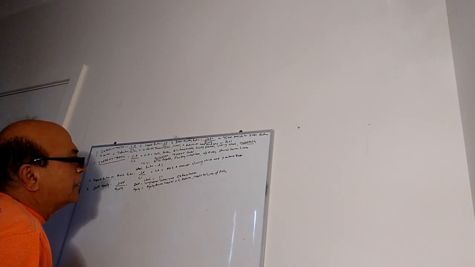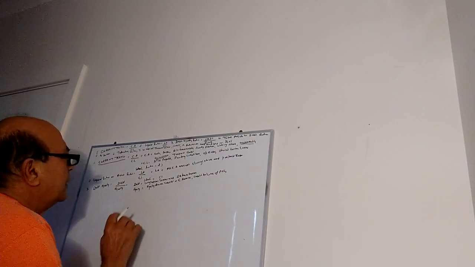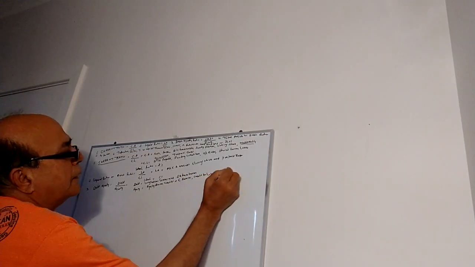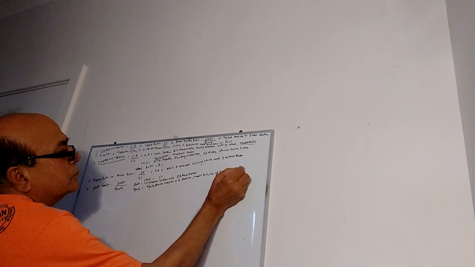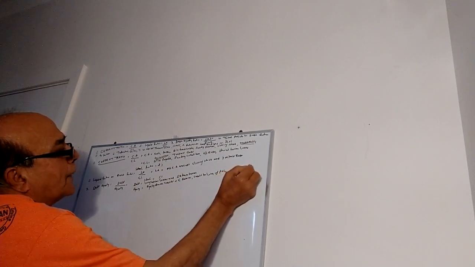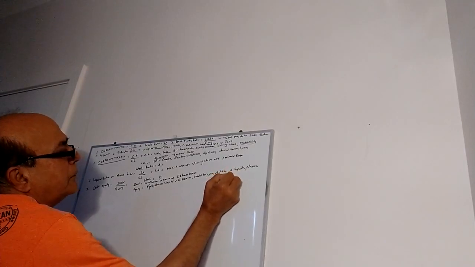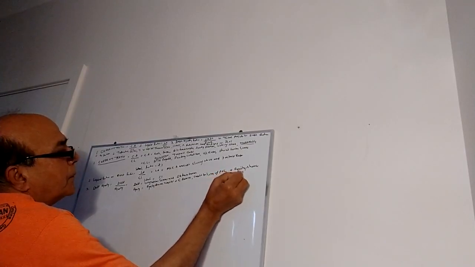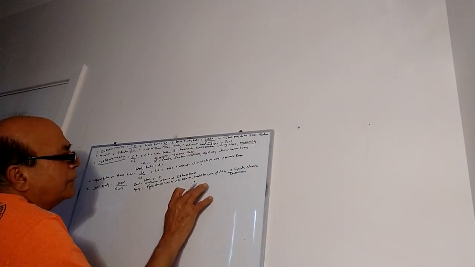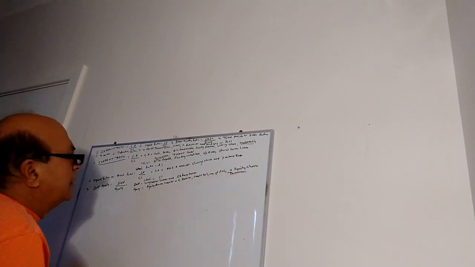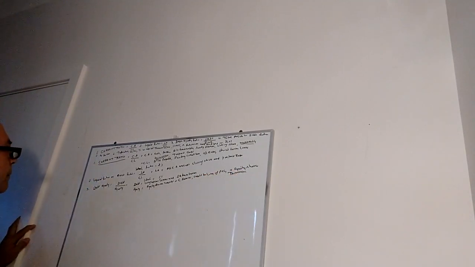Equity share capital plus general reserve plus credit balance of P&L, plus equity share premium. We include equity share capital plus general reserve plus credit balance of P&L plus equity share premium. That we include in equity.